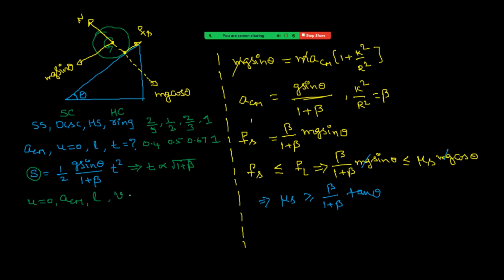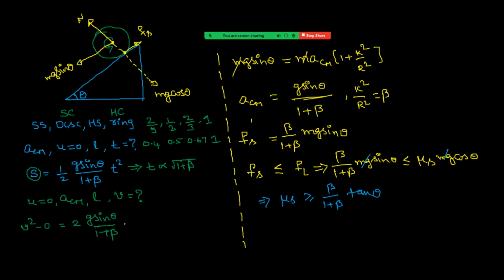We want the final speed, right? So the equation connecting u, v, displacement and acceleration: v square minus u square equal to 2 a s, with a equal to g sine theta upon 1 plus beta.